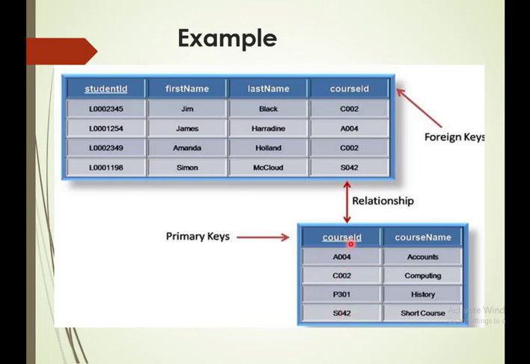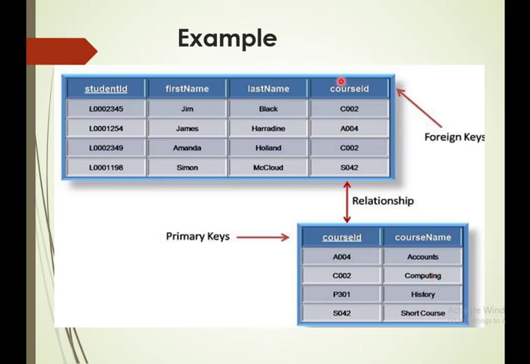However, we are going to see that the course ID is equally appearing in the students table. Reason being that more than one student can actually enroll in the same course, because we have Jim, who has enrolled in C002, which is computing, and we equally have Amanda, who has equally enrolled in computing.